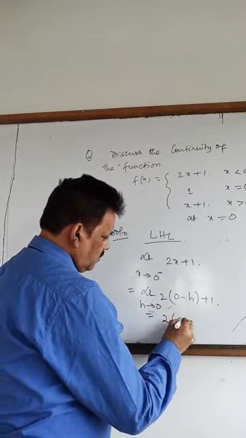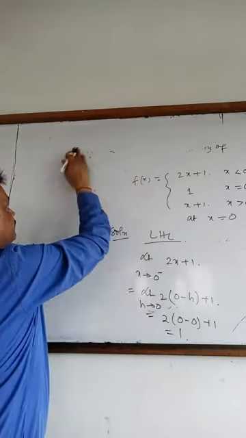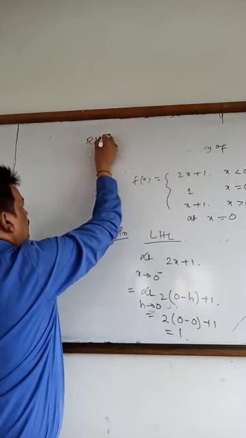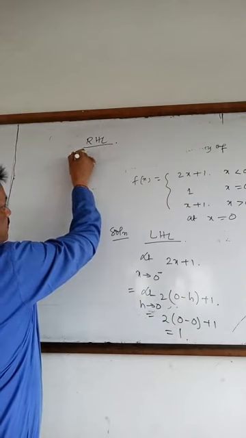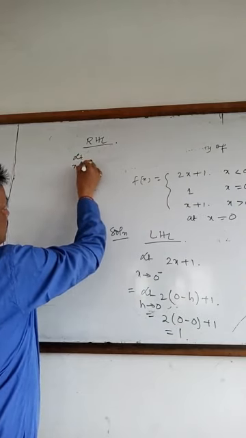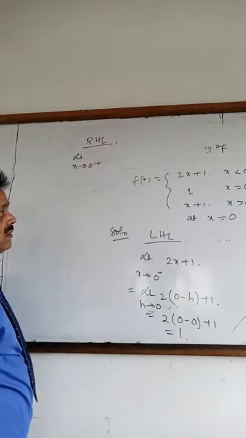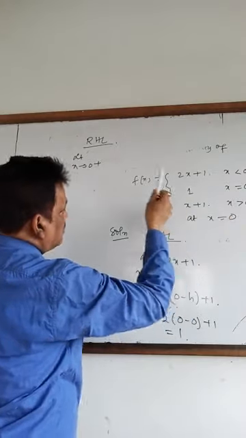Go to the right hand limit, RHL. The RHL gives you this one. So what shall I write? Limit x tends to 0 plus, the right hand limit, of x plus 1.